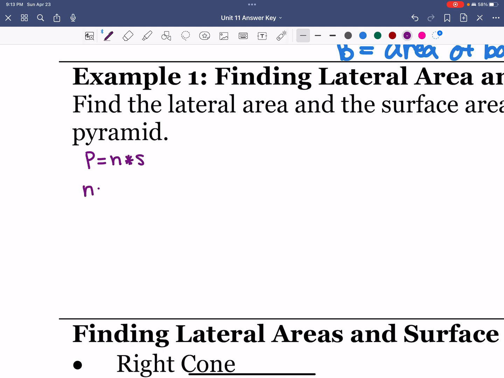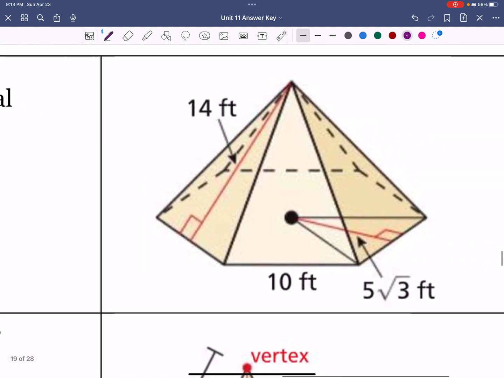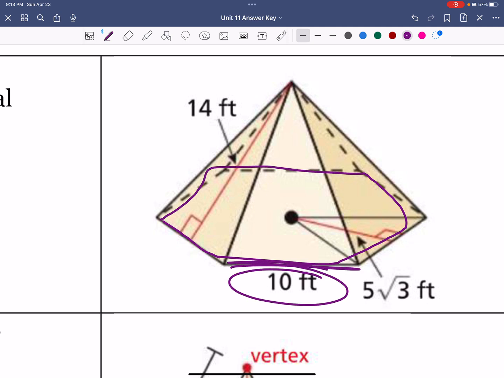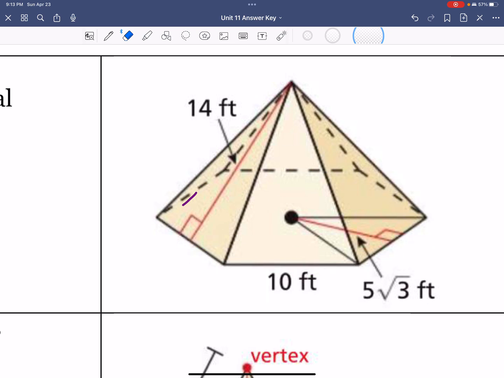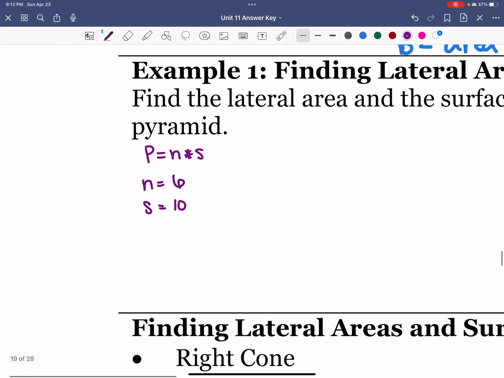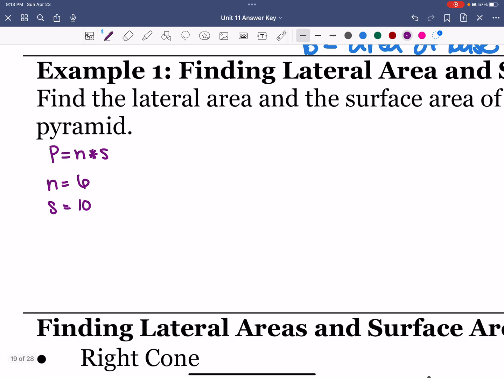The number of sides in my base, if you look over at your picture, is 6. The side length we found is 10. So the number of sides is 1, 2, 3, 4, 5, and 6. I have one side length of 10. So I have a regular hexagon here. If I multiply these, I get a perimeter of 60.